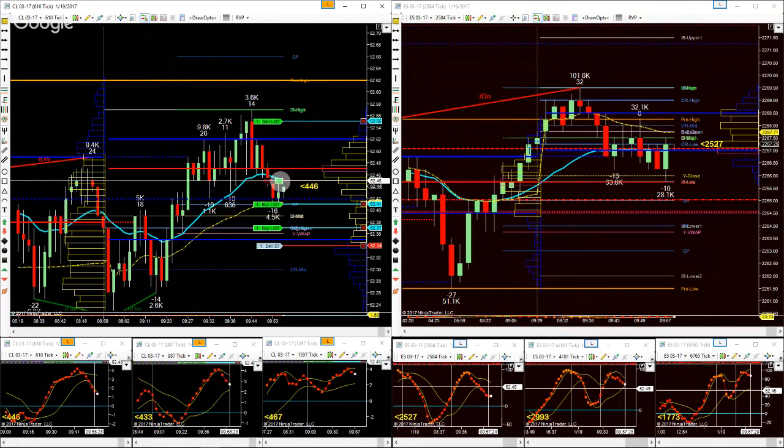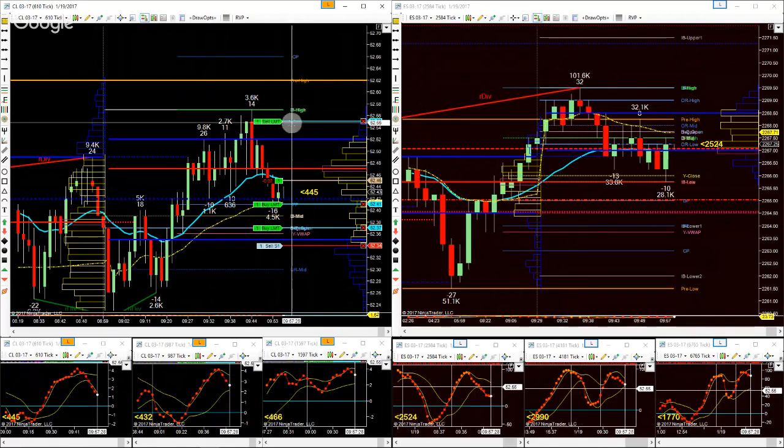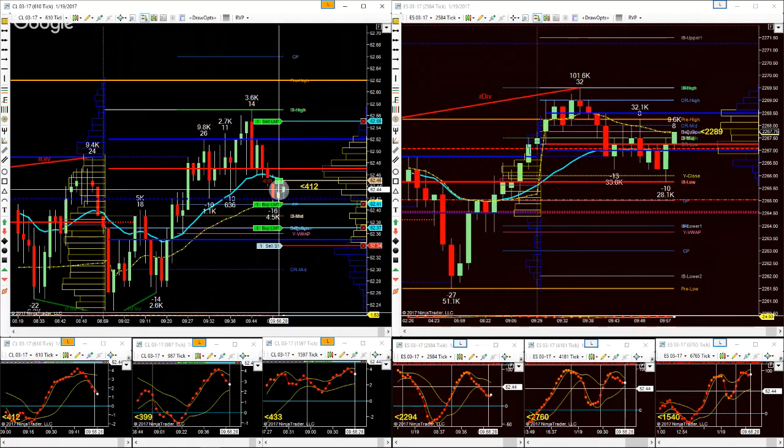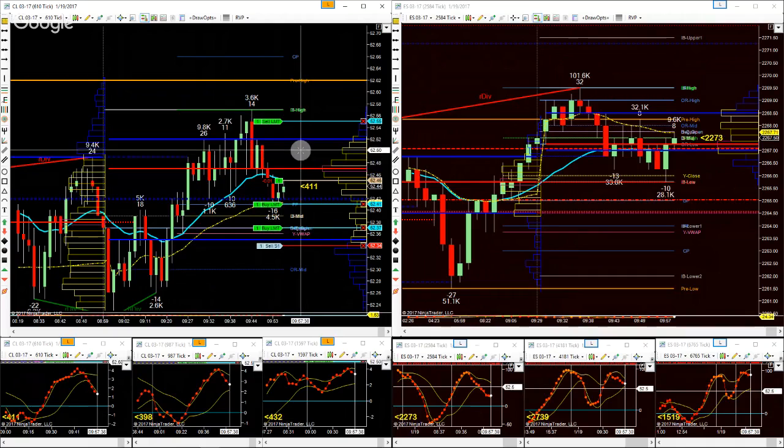We have now formed what I believe would be divergence as we get back up towards the high of day, but we do have a little bit of room for our first profit target before getting there. Now, depending on how we get there, that divergence can disappear.